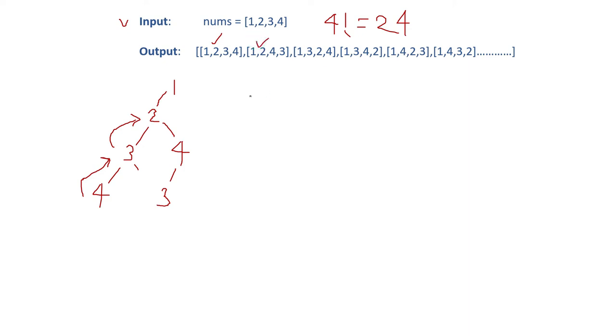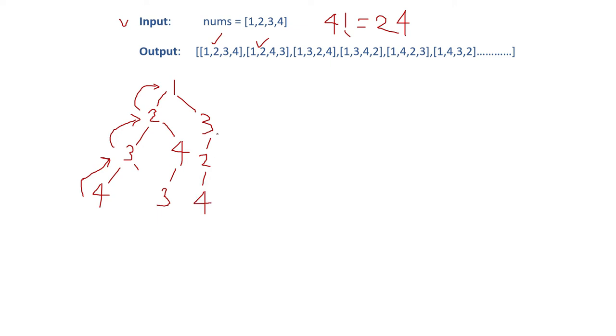Now it can come to our mind that when we are fixing the position of 1 and 2, for 2 there are two options, either 3 or 4. But if we backtrack again and go to 1, what options does it have? 2 is already used, so it can use 3. By fixing 1 and 3, now I have a choice to use 2, then 4.